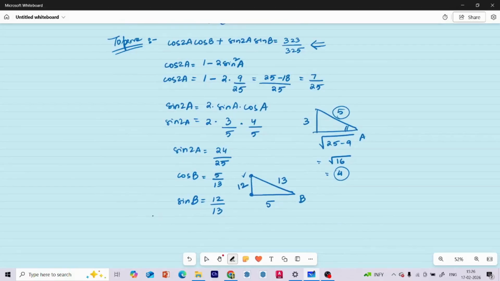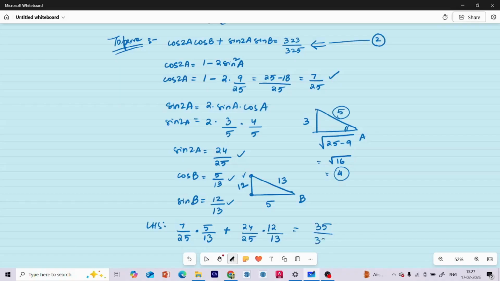Where should we replace all these values? So cos 2A, sin 2A, I mean this one, sorry, 24 by 25 is sin 2A, and then cos B, sin B, we have all these values. So we will replace this in our equation. Let's call this 2, because 1 is already there. So LHS would be cos 2A, which is 7 by 25, into cos B, which is 5 by 13, plus sin 2A, which is 24 by 25, into sin B, which is 12 by 13. So what is this? 35 by 25 into 13 is 325.